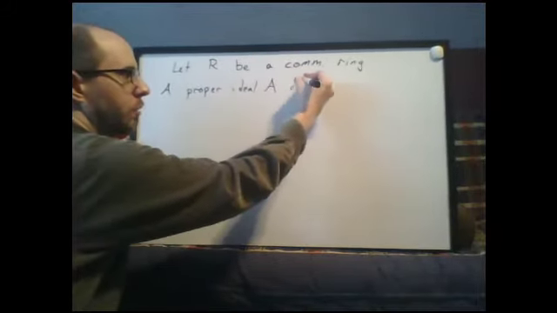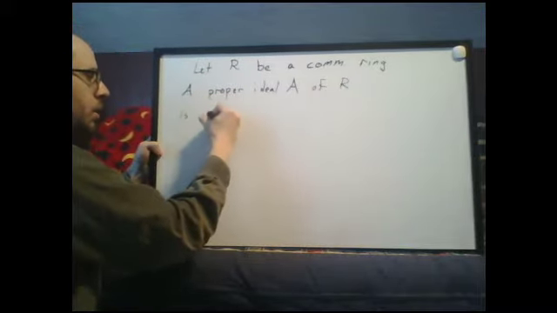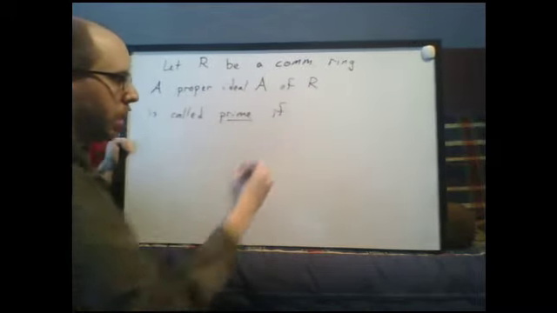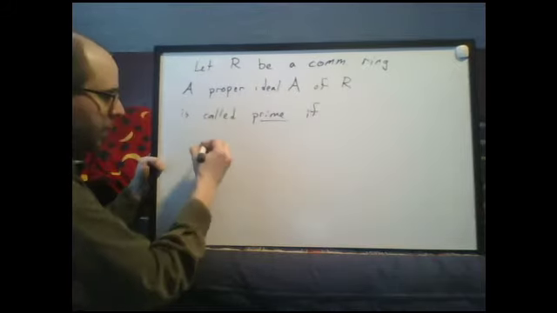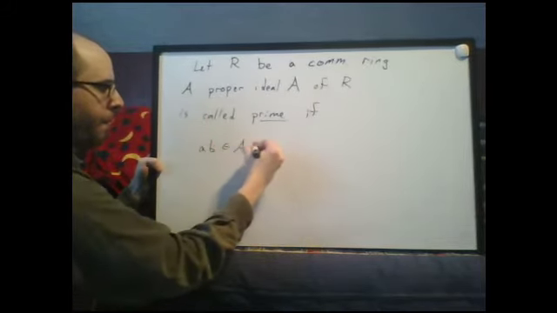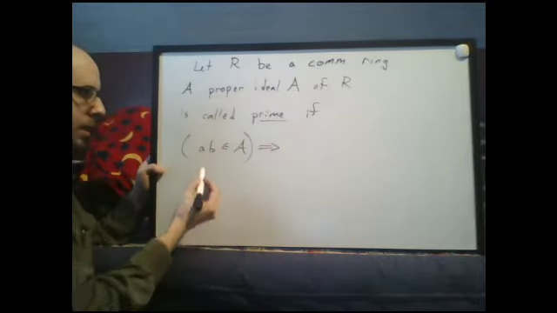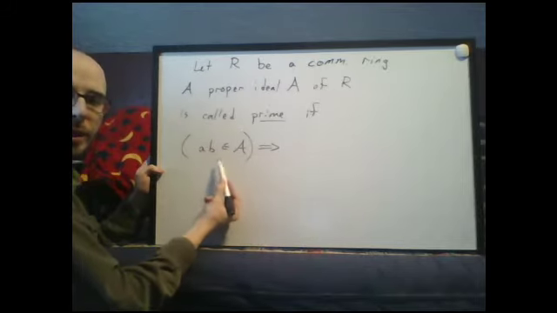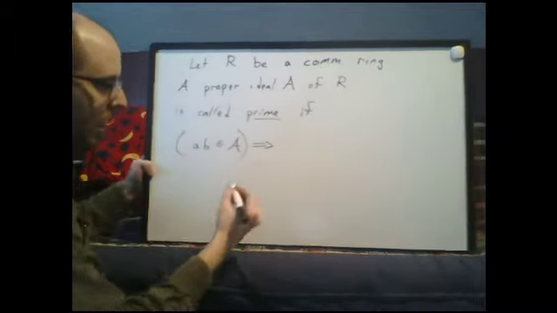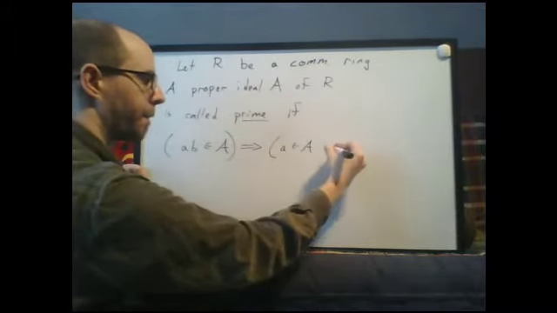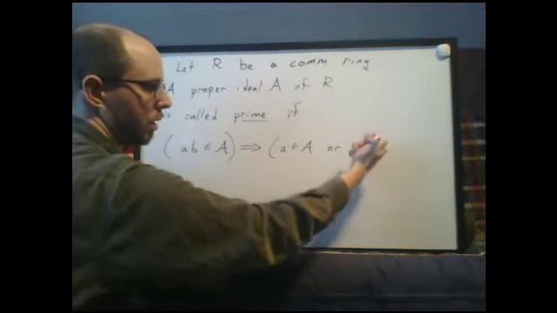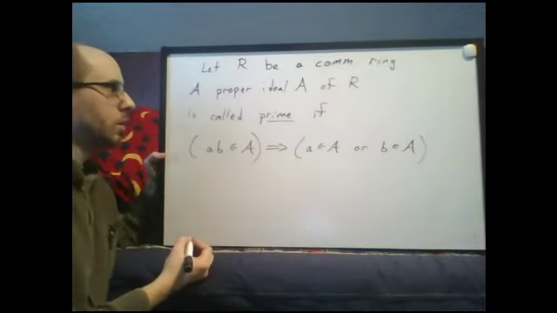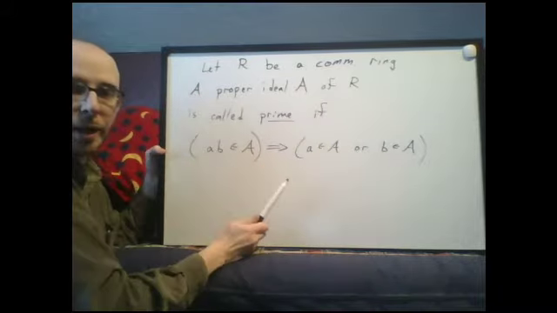A proper ideal A of R is called prime if it has the property that when a times b is in A, that implies one of the two elements is already in A. So either a or b is in A. Little a is in capital A or little b is in capital A. Proper ideal means it's just not the whole ring.